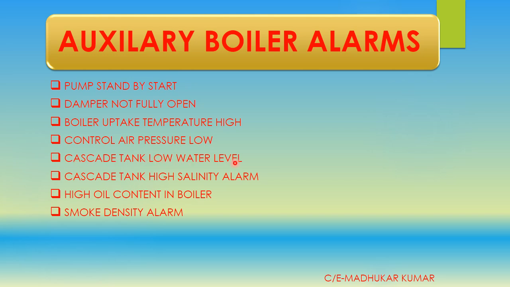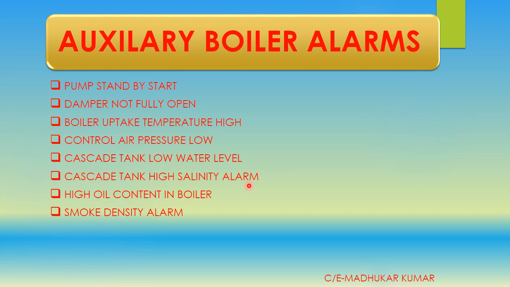Cascade tank low water level is very dangerous, and most frequently it comes if the water is not properly filled, or the auto water level controller of the cascade tank is not working. But you must check why the cascade tank water level is going low.